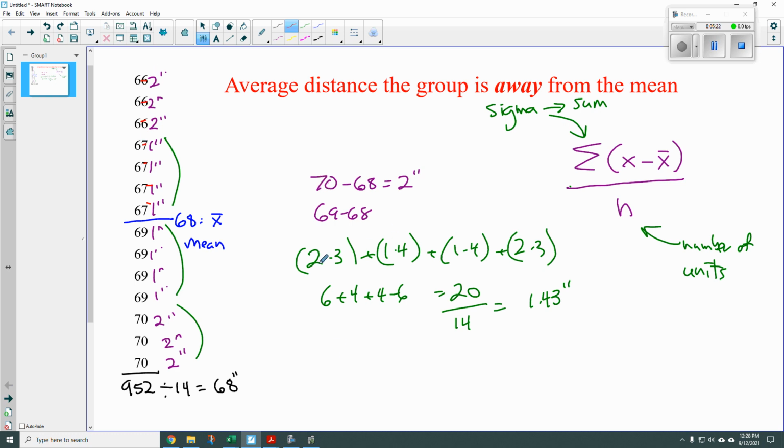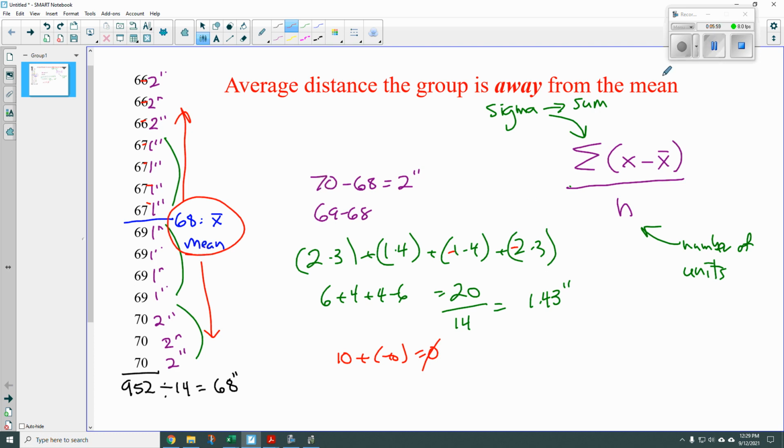So I would have had 2 times 3 plus 1 times 4 plus negative 1 times 4 and negative 2 times 3. Well, that would have given me positive 10 plus negative 10, which gives me 0. And that really wouldn't help us at all. And that stands to reason, because since the mean is right in the middle, if I added up everything below it and everything above it, they would all cancel each other out. That's part of what it means to be the mean.